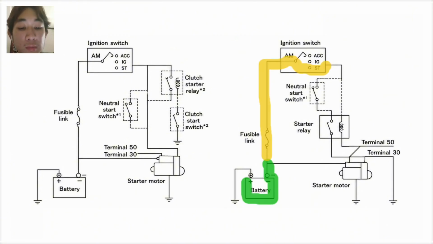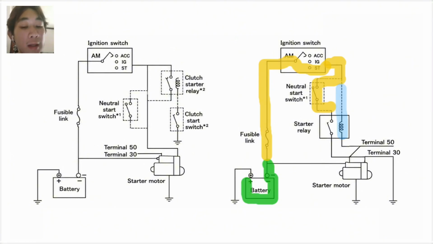Then, when the ignition switch is turned to the start position, current flows to the neutral start switch. Instead of going directly to terminal 50, unlike the previous one, the current energizes the starter relay coil.